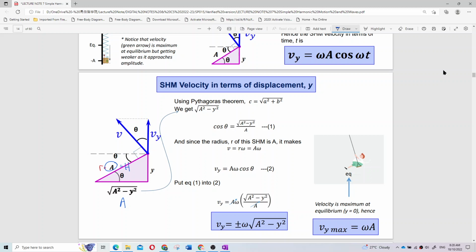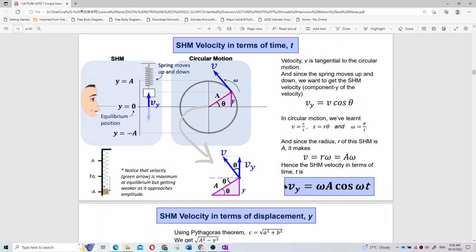Understand? So that's cosine theta, adjacent over hypotenuse. Okay, we got it. So why is it important to know cosine theta? Because in our velocity time equation, we have cosine theta.